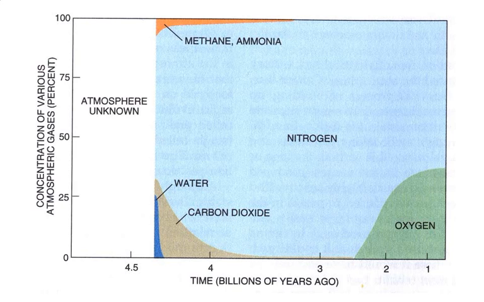Nitrogen has made up the majority of the atmosphere for the entirety of the existence of the planet. Carbon dioxide also used to make up a larger percentage of the atmosphere for a time. And it's only within the past 2.5 billion years or so that oxygen has become a major component in the atmosphere. Keep that in mind, because we're going to talk about that in a few slides.